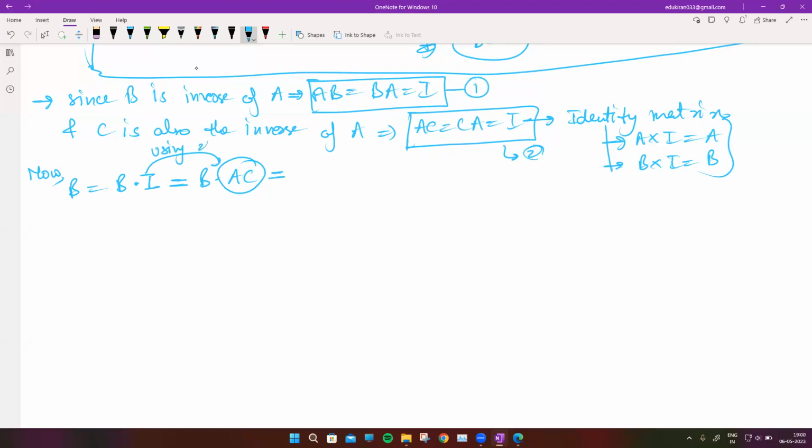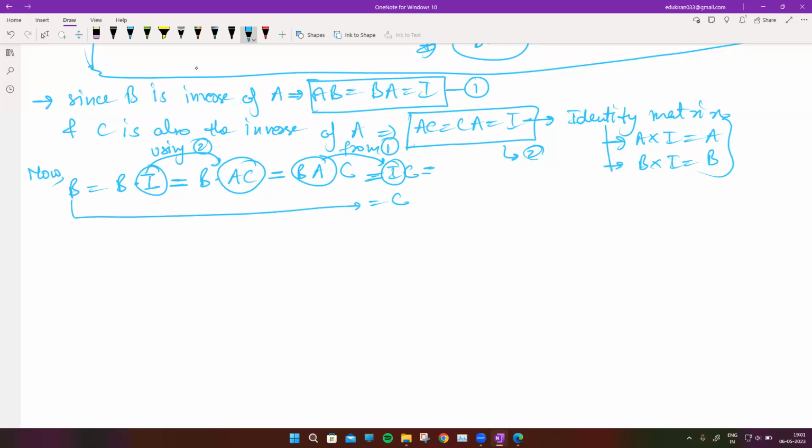Using 2, I can write B into I as B into A into C. And we can combine B into A first and then C. Then B into A from the first result is equal to I. Now I into C is again C. So B is actually equal to C.